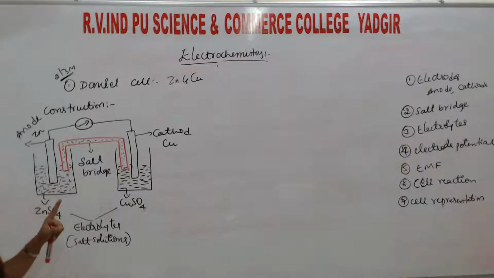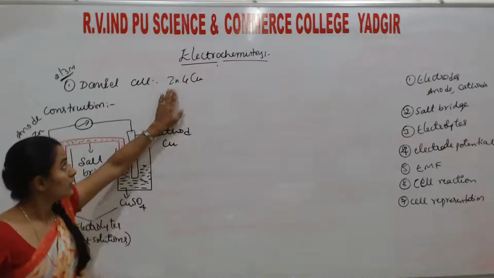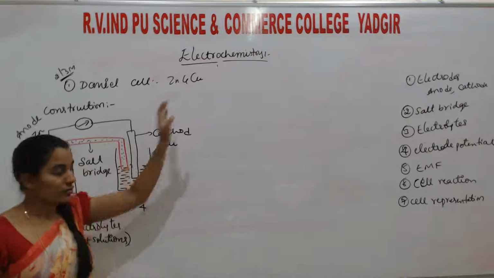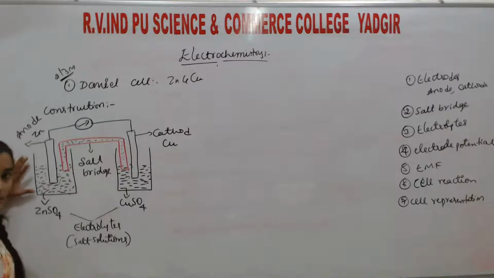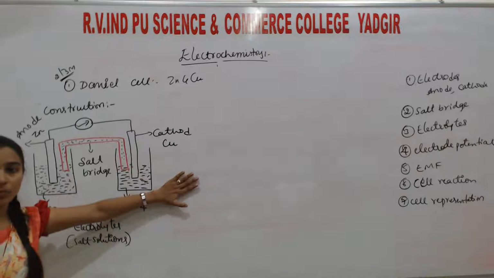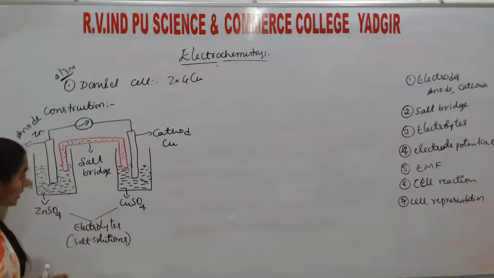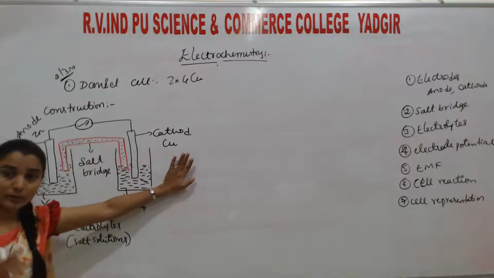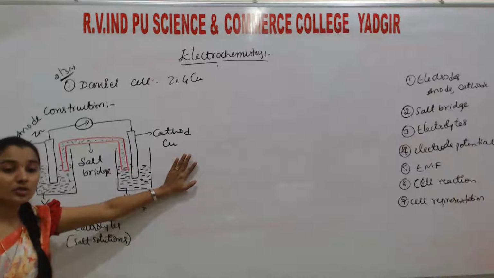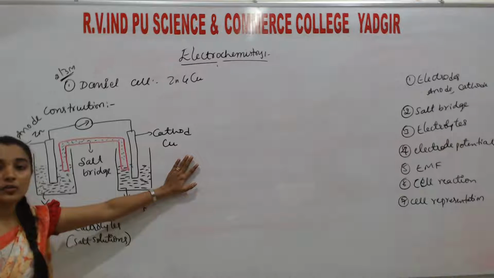So this is the arrangement of the Daniel cell. Daniel cell must consist of zinc and copper electrodes. Here, left side is zinc electrode, right side is copper electrode. I am not saying that zinc must only be on the left and copper only on the right. It is based on their electrode potential values.